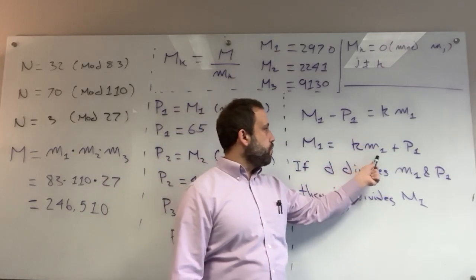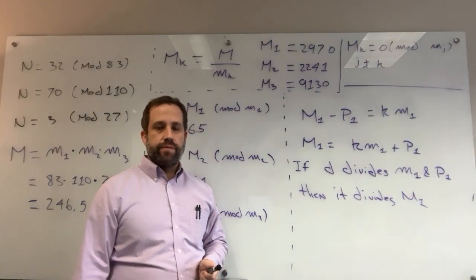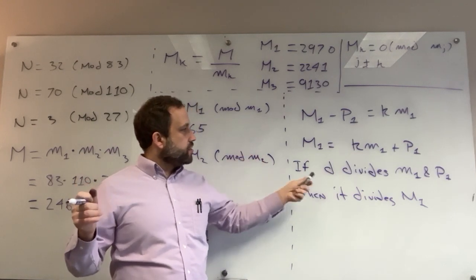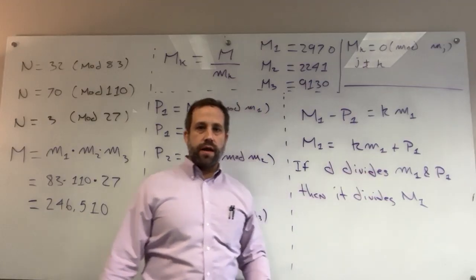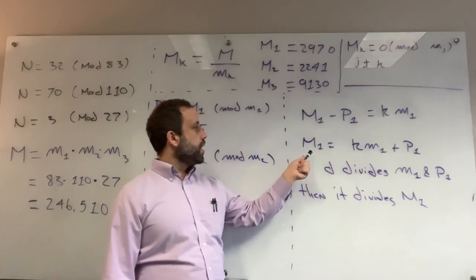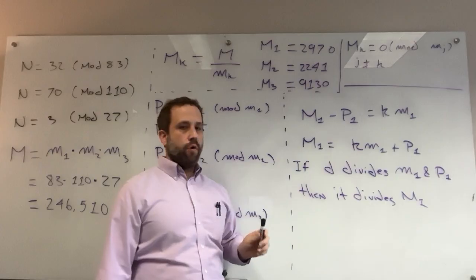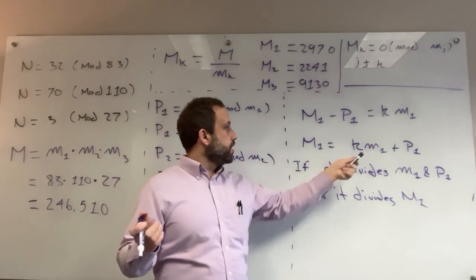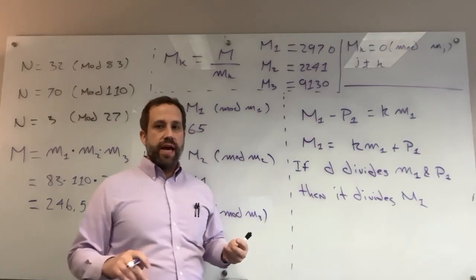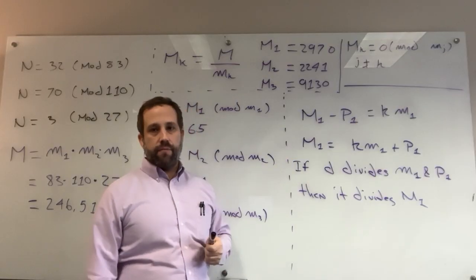So if we have a divisor D that divides little m1 and P1, it's going to divide big M1. In particular, it divides little m1 and big M1, so it's a common divisor of little m1 and big M1. But the greatest common divisor of little m1 and big M1 is equal to 1. So the logic here goes: if we have a common divisor of little m1 and P1, it's also going to divide M1.